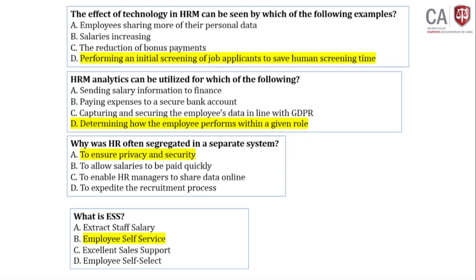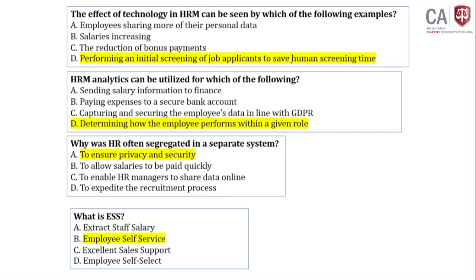The effect of technology in HRM can be seen by which of the following examples. Performing an initial screening of job applicants saves human screening time. Normally, when you publish one advertisement in the newspaper or somewhere, sometimes you will be getting thousands of applications.